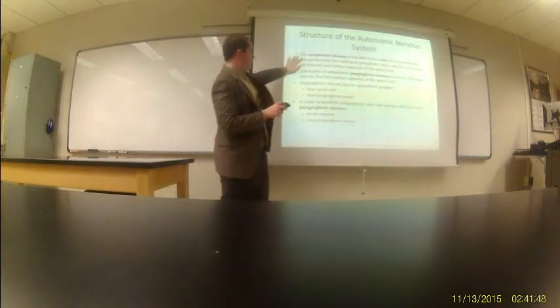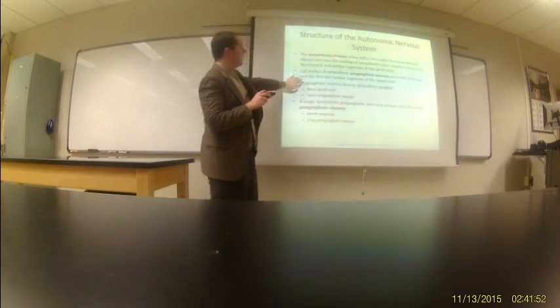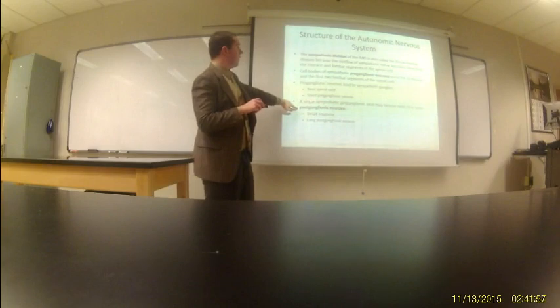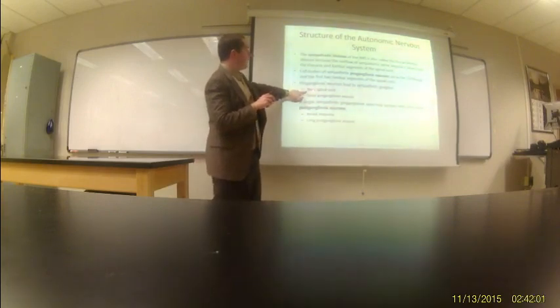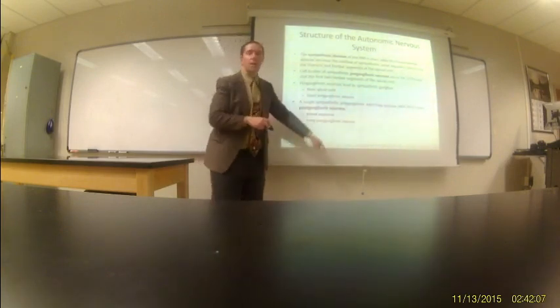This is what we just talked about. In the sympathetic division, we have preganglionic neurons, postganglionic neurons. In the sympathetic, the neurons lead to the ganglion, which is near the spinal cord, with a short preganglionic, a long postganglionic.